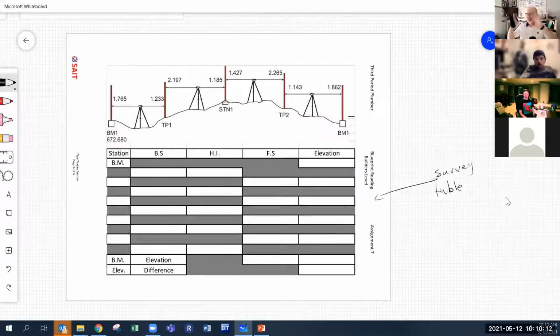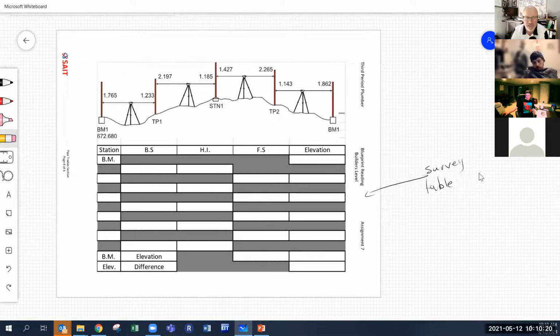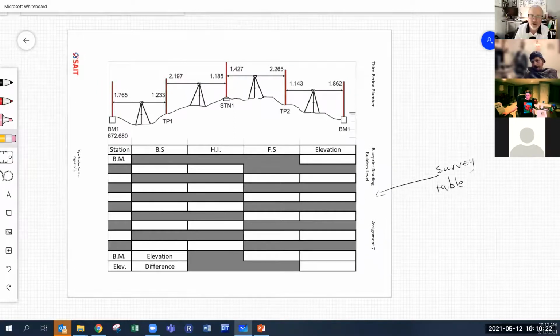It is to keep everything in an orderly fashion, so we don't have numbers all over the place and not understanding what we're doing. I will give you one of these tables when we do our site surveying on SAIT campus, so you can fill it out with your own observations.